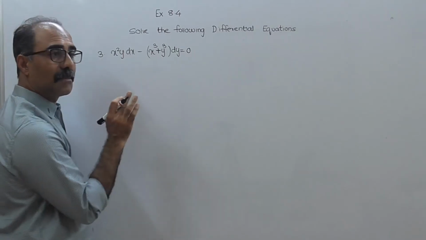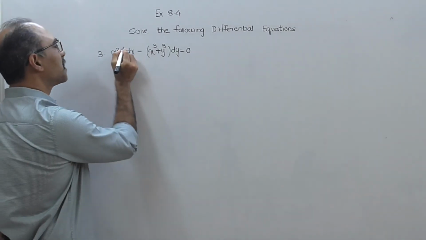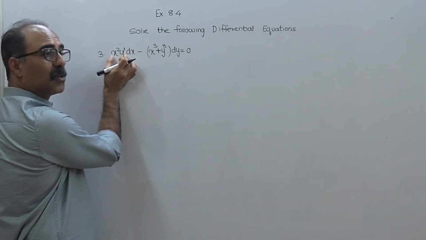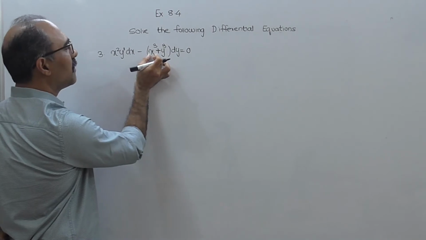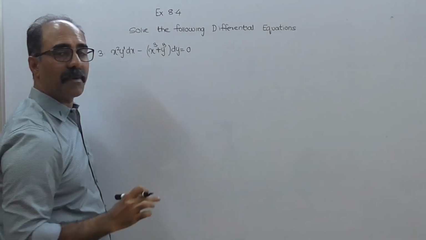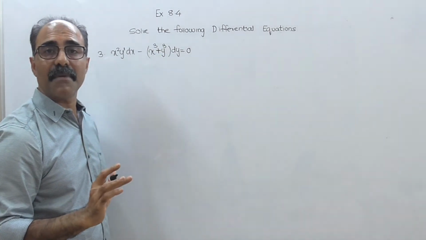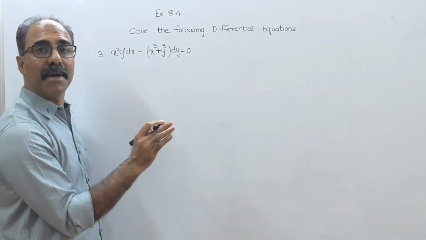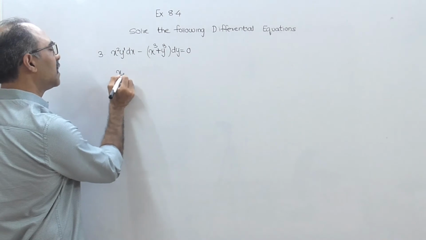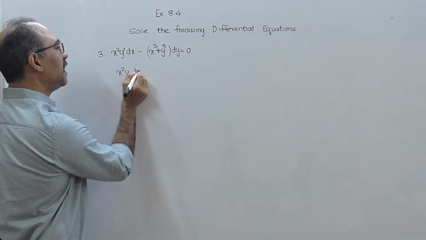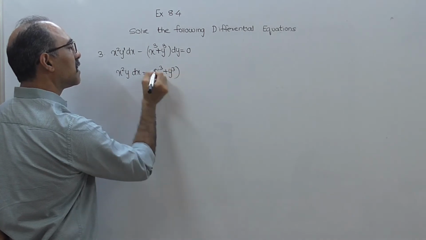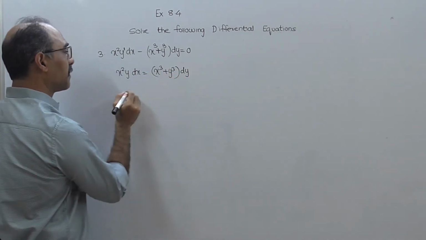This is a classic example of a homogeneous function. If I take the power of x as 1, and club the powers, 2 plus 1 is 3. This has power 3, this also has power 3. Can I say all the functions have power 3? Yes. So you try to find the value of dy by dx. So I will say x square y dx equal to x cube plus y cube dy.